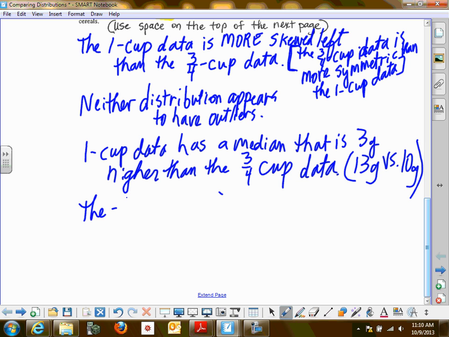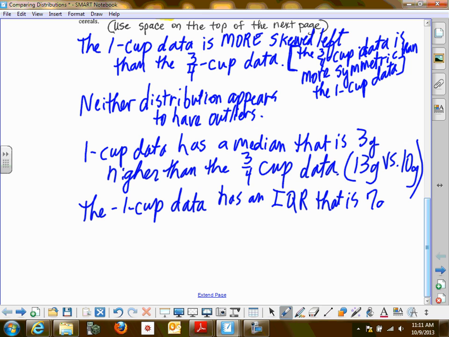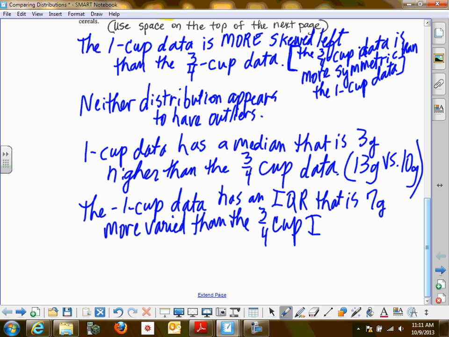So the 1 cup data has an IQR that is 7 grams more varied than the 3/4 cup IQR. And then guess what I'm going to do next? Put in parentheses 11 grams versus 4 grams.